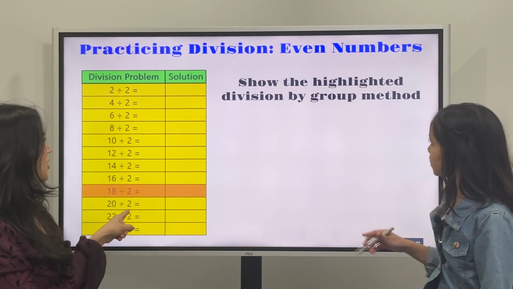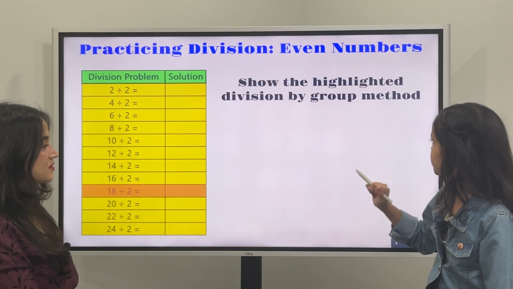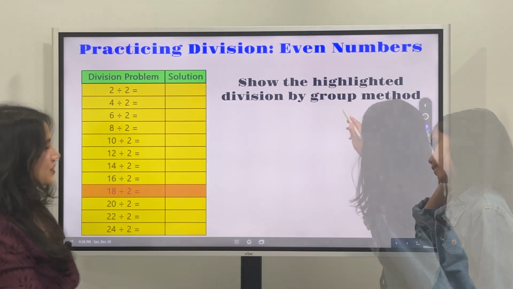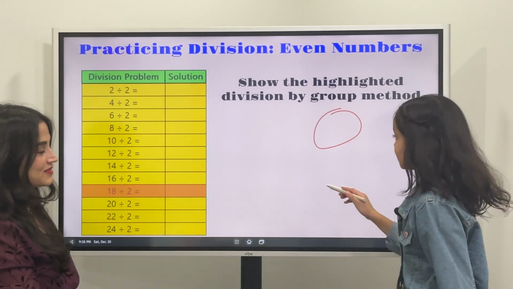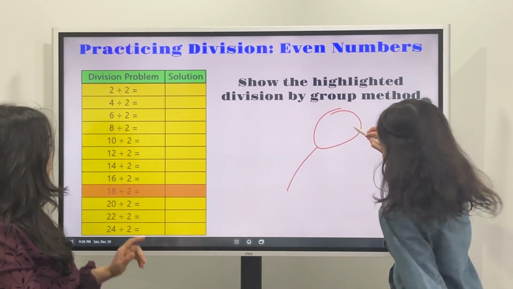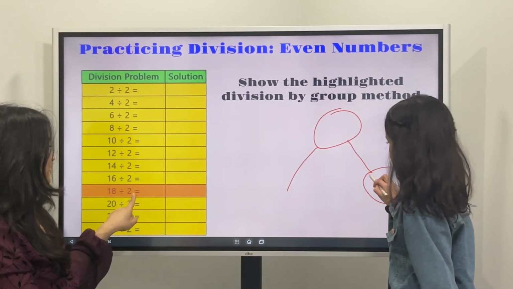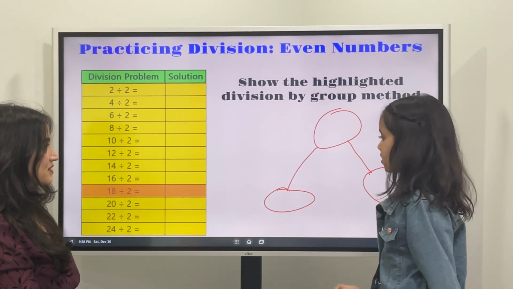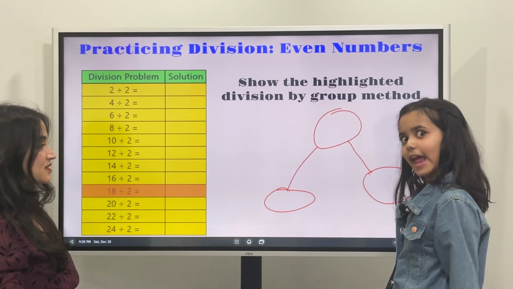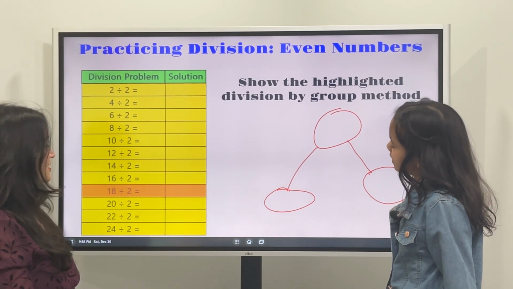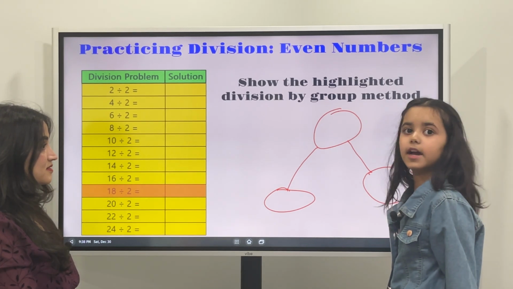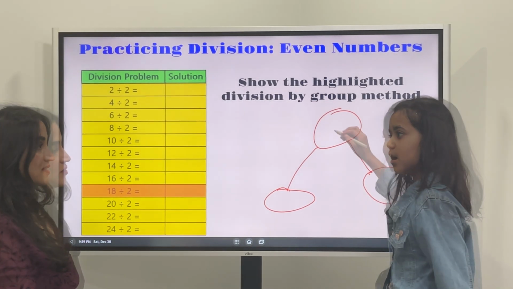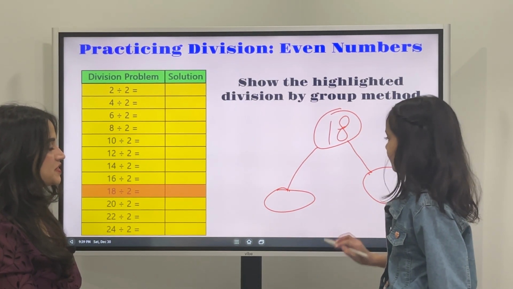So we have the highlighted division by group method. So what will be the answer here, Lina? That's 9. You can put 18 there, 18 oranges.